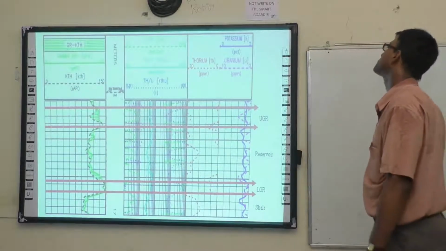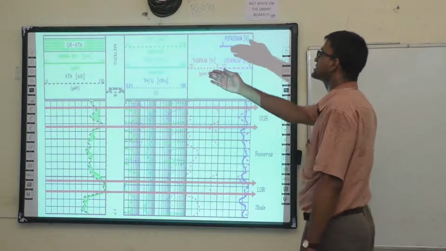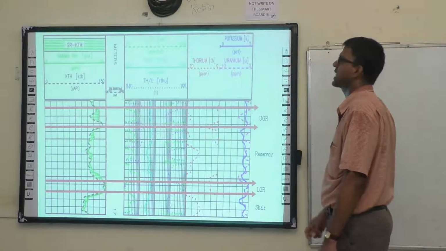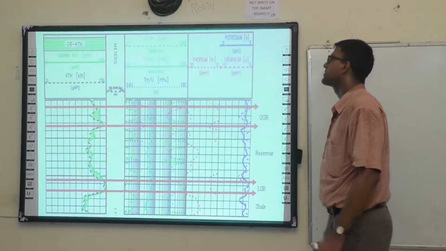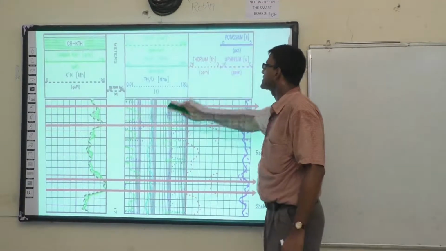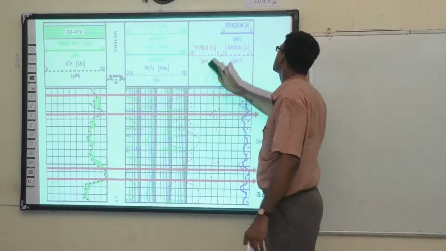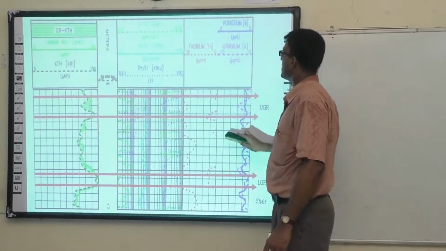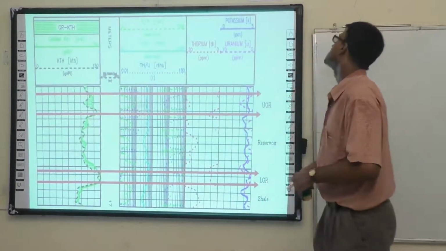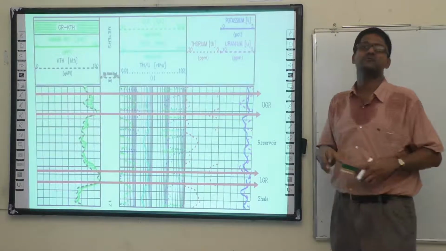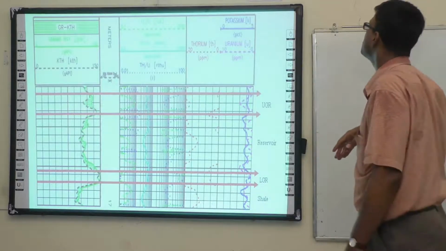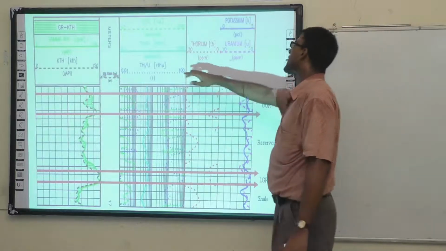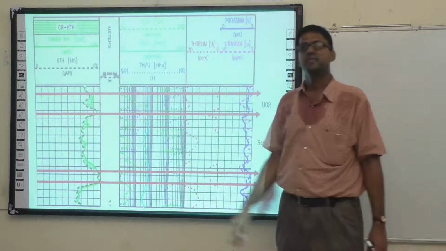Now, this is how the NGS log looks. We have ratios and then we have individual logs. Okay, so in the earlier slide I showed you thorium by potassium, which we can take directly from here.